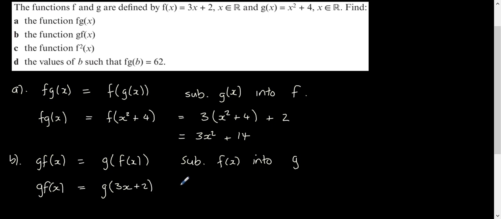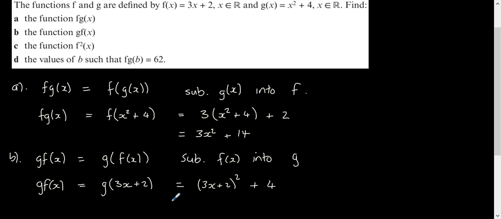And that means we look at the function g, and instead of x, we're going to use 3x plus 2. So this x squared plus 4 becomes (3x plus 2) squared plus 4. So the 3x plus 2 has replaced the x.